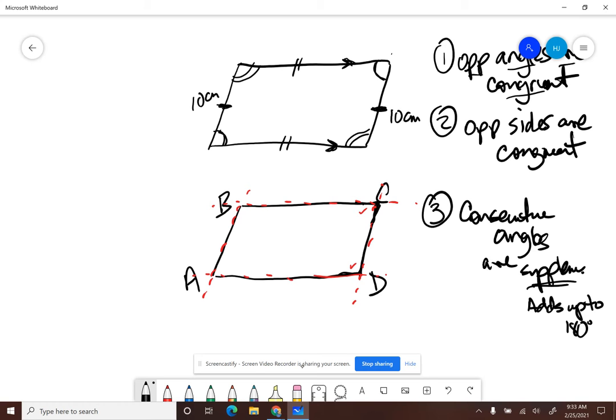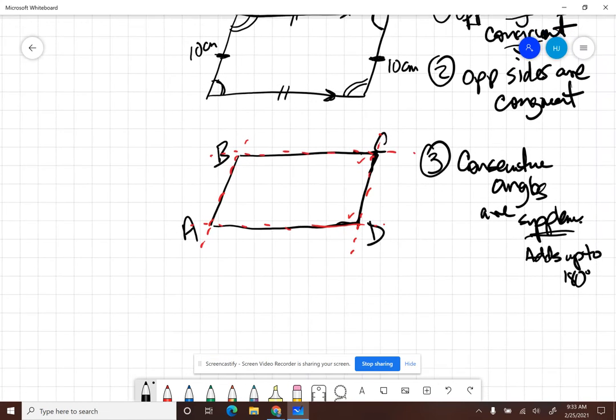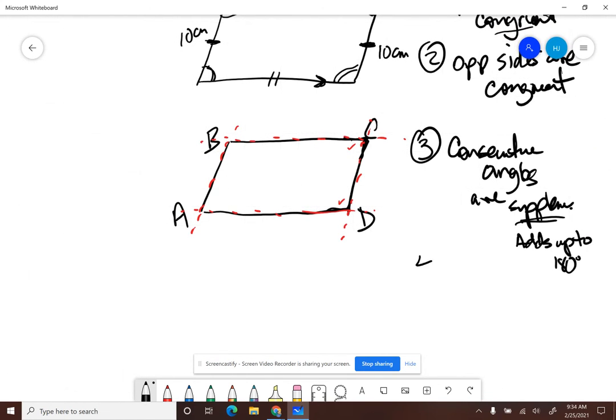And then the last thing that we need to think about here with parallelograms is if I were to make diagonals in this parallelogram, what we need to realize is, and that was a terrible drawing that I just did, but what we need to realize is that those diagonals bisect each other. Okay, they cut each other directly in half.